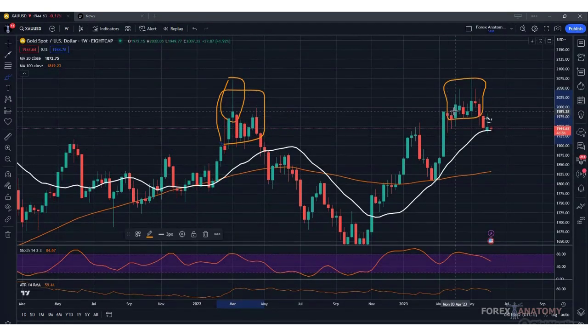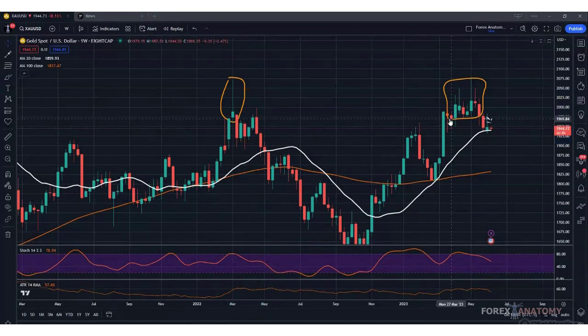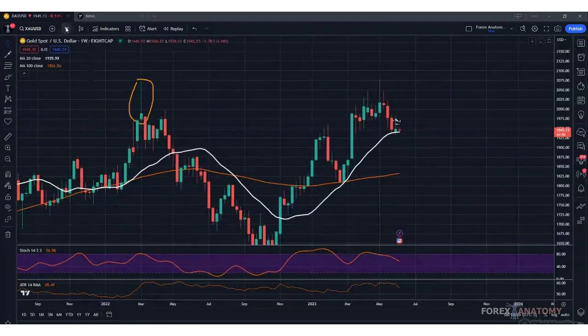We see the same thing here: price was moving sideways for a series of weeks before the beginning of this collapse as well. It's not as strong as what we had before, but it's quite similar. So this is on the weekly chart. All right, let's drop down to the daily.